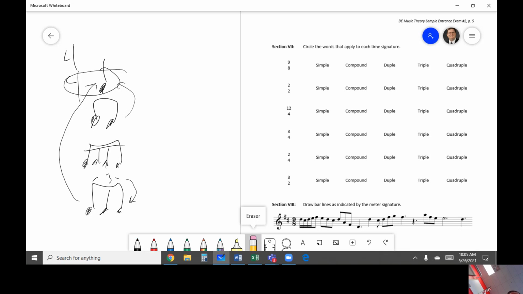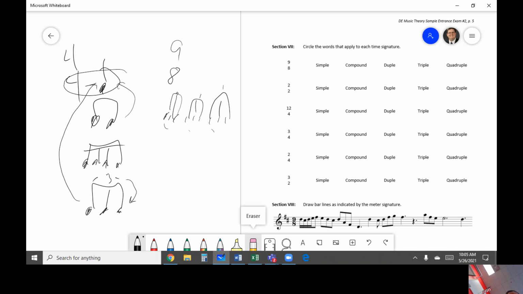All right. If I were talking about 9-8, well, is that eighth note divisible by 3 or 6? Not really. But do you remember that in 9-8, it's not really that the eighth note gets the beat? We don't really think 1, 2, 3, 4, 5, 6, 7, 8, 9. We think 1 and 2 and 3 and, or taki-do, taki-do, taki-do.